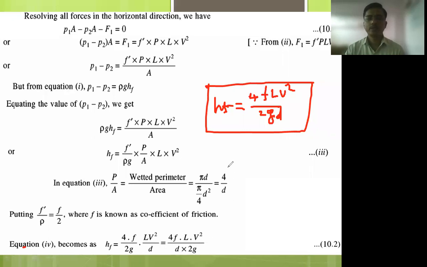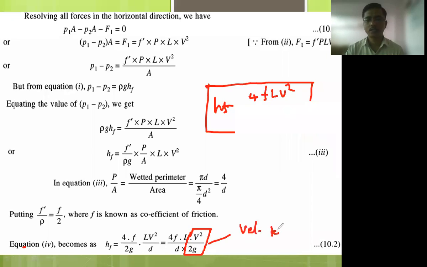So this 4 and 2 may get cancelled, but it is the way of writing this equation. Because in most equations you will see this V square upon 2g part, and this V square upon 2g is nothing but the velocity head, or it is also called the kinetic head.